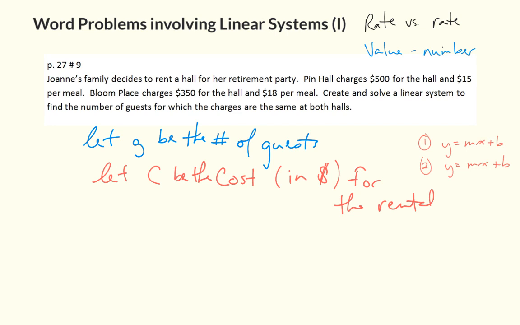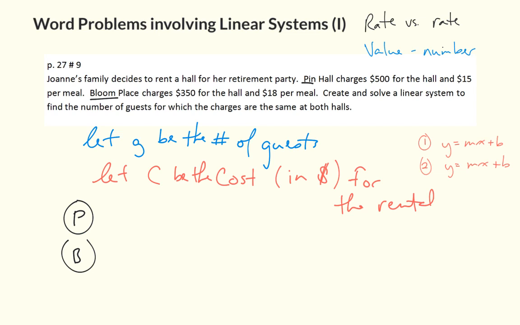Since this is a linear system, we're going to come up with two linear equations that relate G and C. We could call them equation 1 and equation 2, but since we have names, I'm just going to call them equation P for Pin Hall and equation B for Bloom Place. We know both of these equations are going to be in the form y equals mx plus b, because they're both a rate and a fixed price.